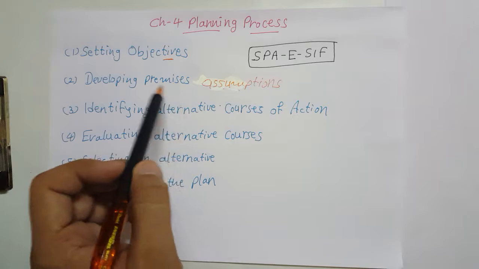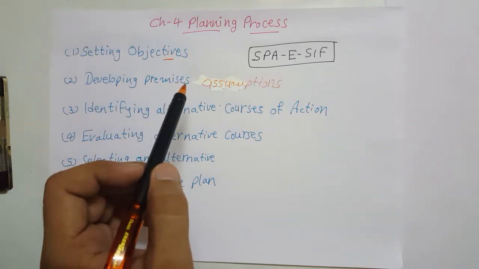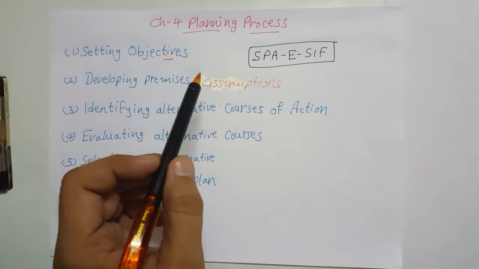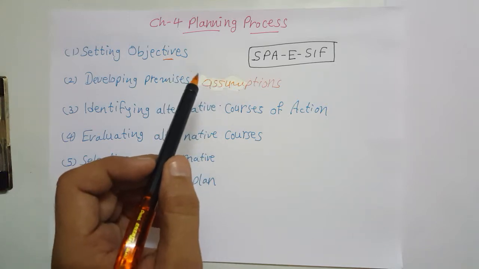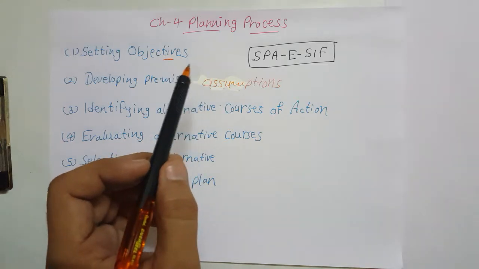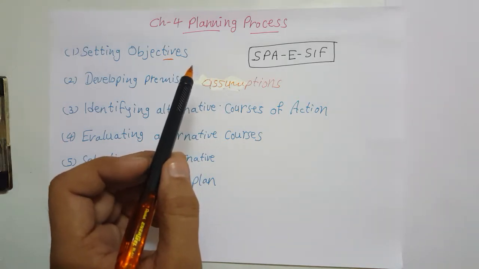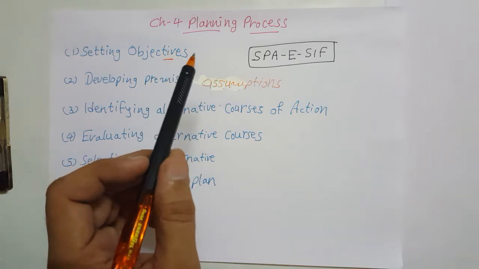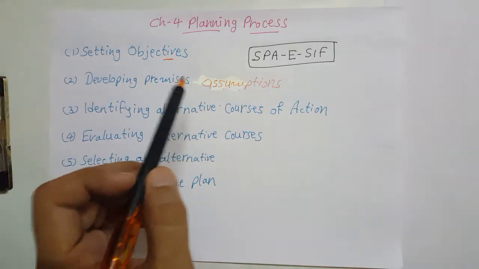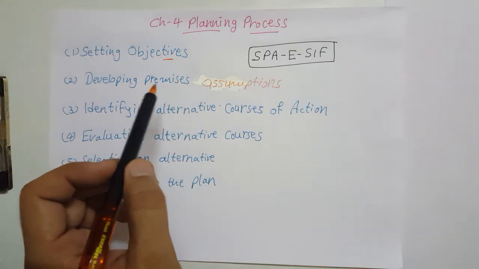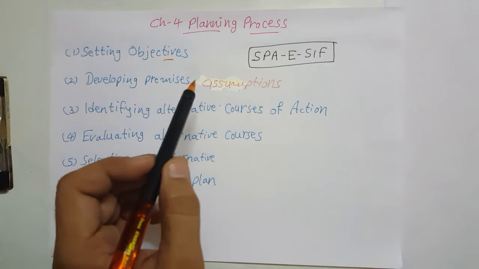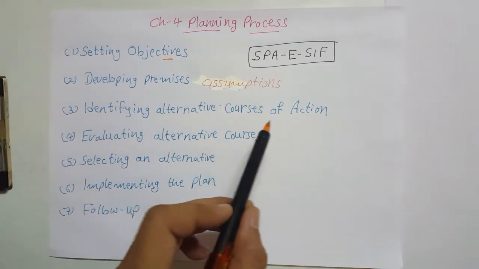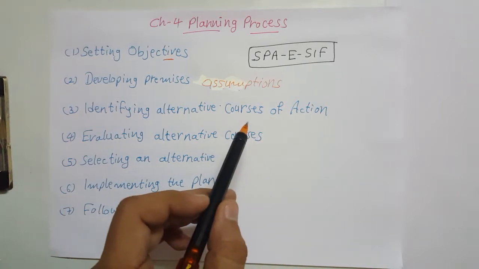And when we talk about external premises, political, economic, social and technological forces are also influencing the organization. They are not in control of our organization, so that's why they are considered external premises. So we must take care while developing the premises on the basis of which our planning is based.